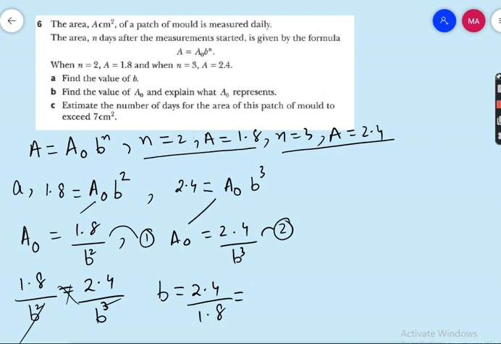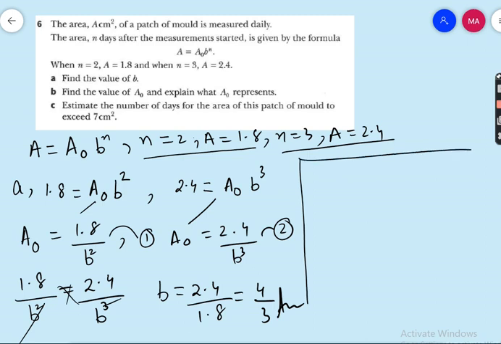Find with the help of calculator. Answer is 4 upon 3. And this is the answer of part A, the value of b.